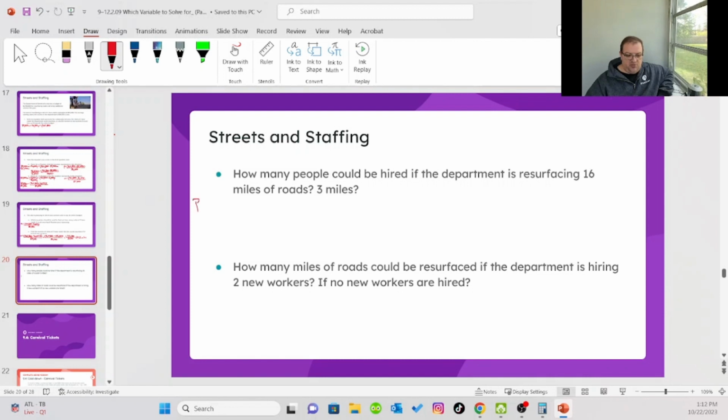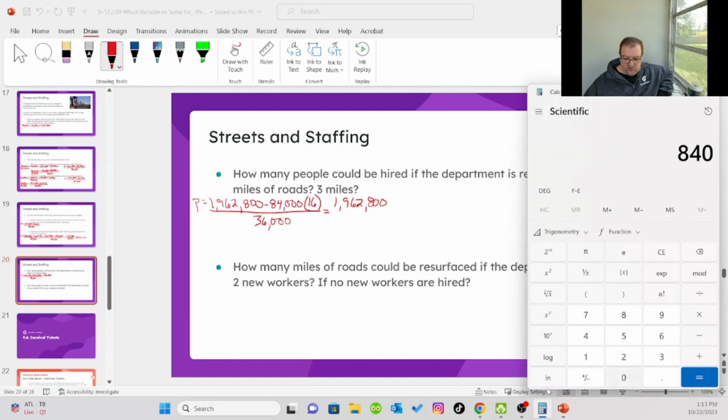So now we want to use the P equals equation. $84,000 per mile times the 16 miles equals 1,344,000.